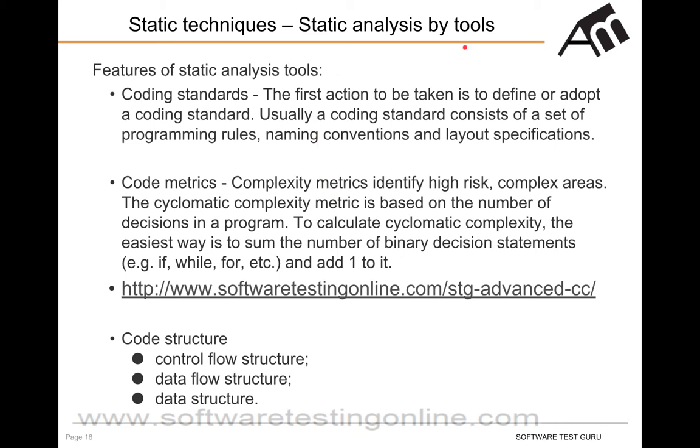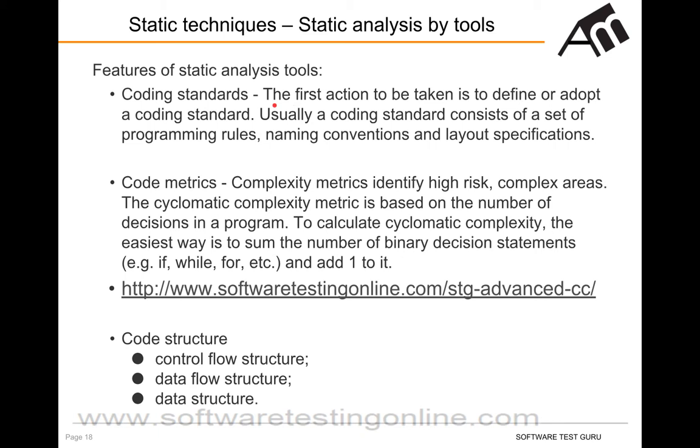Static analysis by tool. Features of static analysis tools. Generally, when you use a tool for static analysis, it will list out some of the points like this, like coding standards, code metrics, code structures. Coding standard, for example, if you are developing a code using a C programming language or C++ programming language, then there is a standard the developer has to adhere.